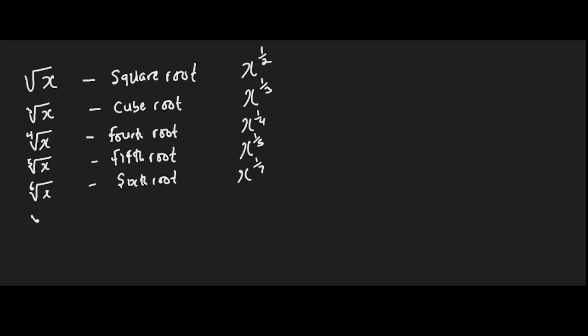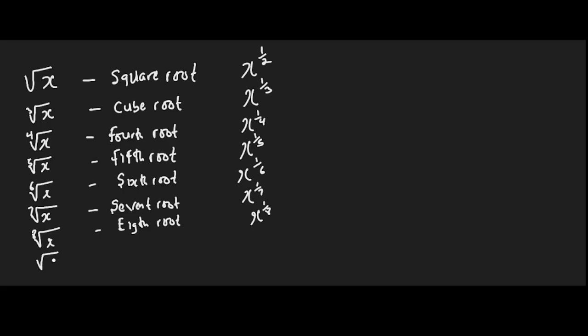If the index is 7, we call it the seventh root. That's x raised to power 1 over 7. If the index is 8, we call it eighth root, which is the same thing as x raised to power 1 over 8.